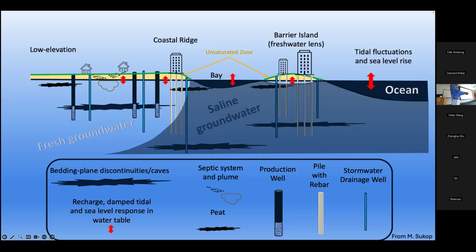So the limestone and sands, mostly limestone, is all saturated with salt water, which is how limestone is deposited from salt water when it grows. Right under the barrier islands, there is a freshwater lens, and now it's raining a lot. It's raining more and more in Miami Beach, and so to get rid of the storm water, lots of these structures have injection wells. It's something that was pointed out by Mike Zucker when he visited.